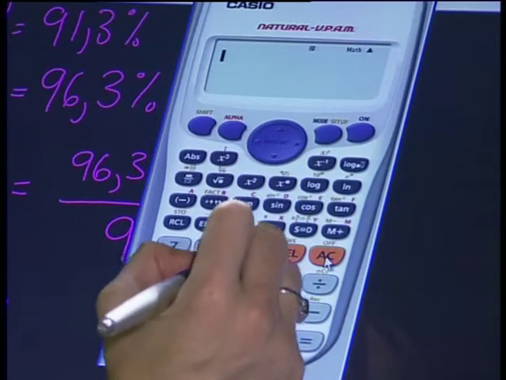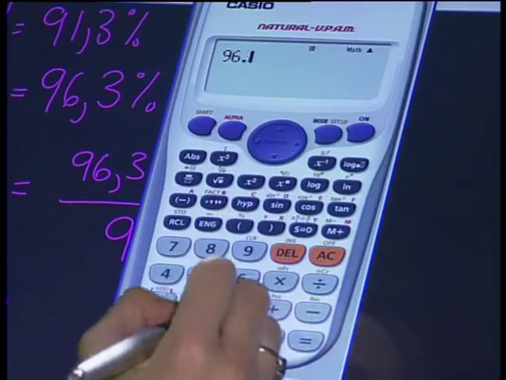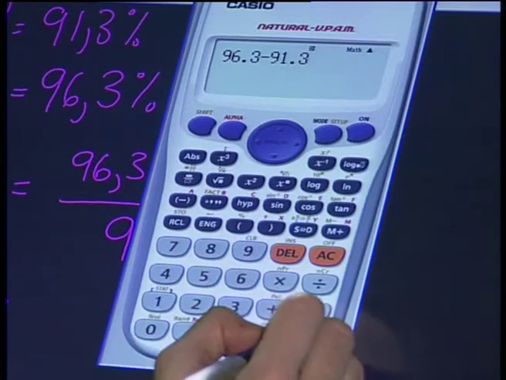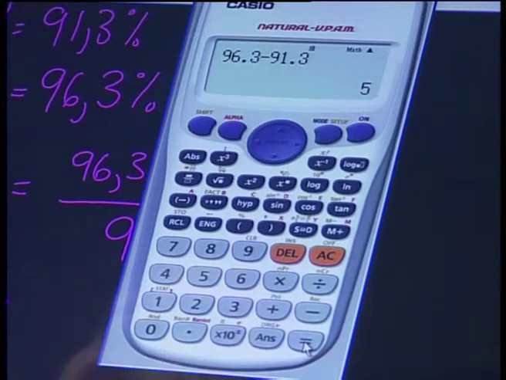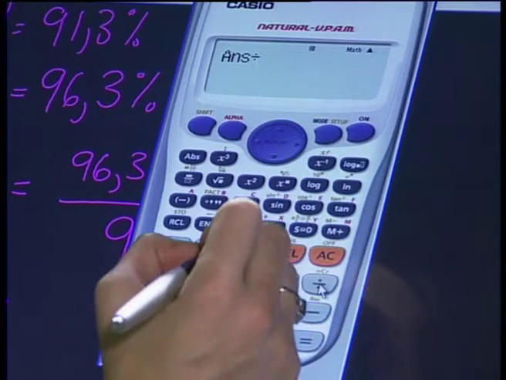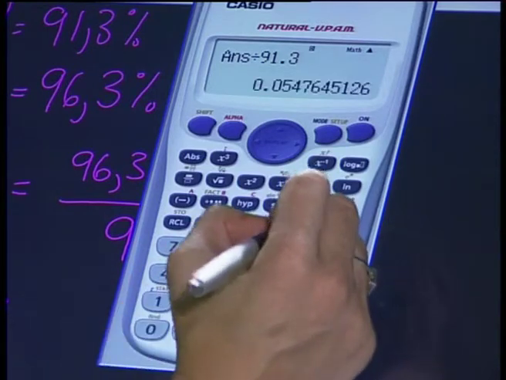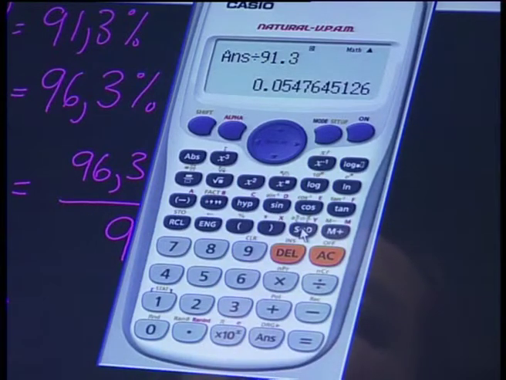For our calculator, we're going to say 96.3 minus 91.3, get an answer. So our difference was exactly 5, and we divided by our original, which was 91.3, and we get 0.054.